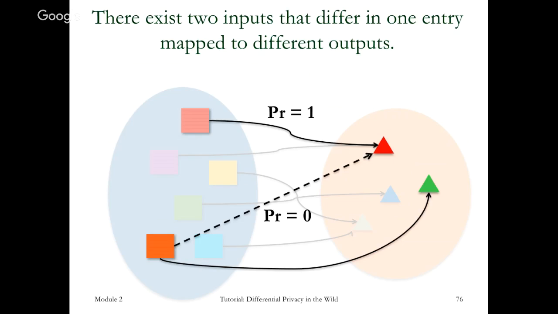On its neighboring data set, which differs by just 1 row, you're going to output that red triangle with probability 0, and deterministically output that green triangle. If you remember the definition of differential privacy, for all possible outputs we have to bound the ratio of these 2 probabilities, and here we have a ratio of 1/0, so it's unbounded. So deterministic algorithms are out.